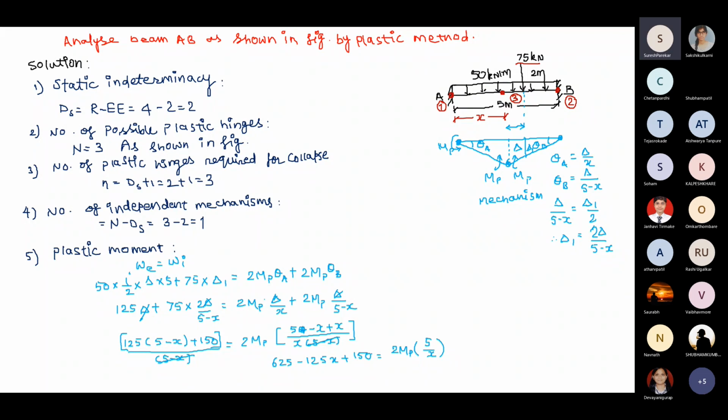And if we solve this, if we take x on this side, first we will solve this. So 775 and x also we will take on this side. 775x minus 125x square equal to 10 MP.